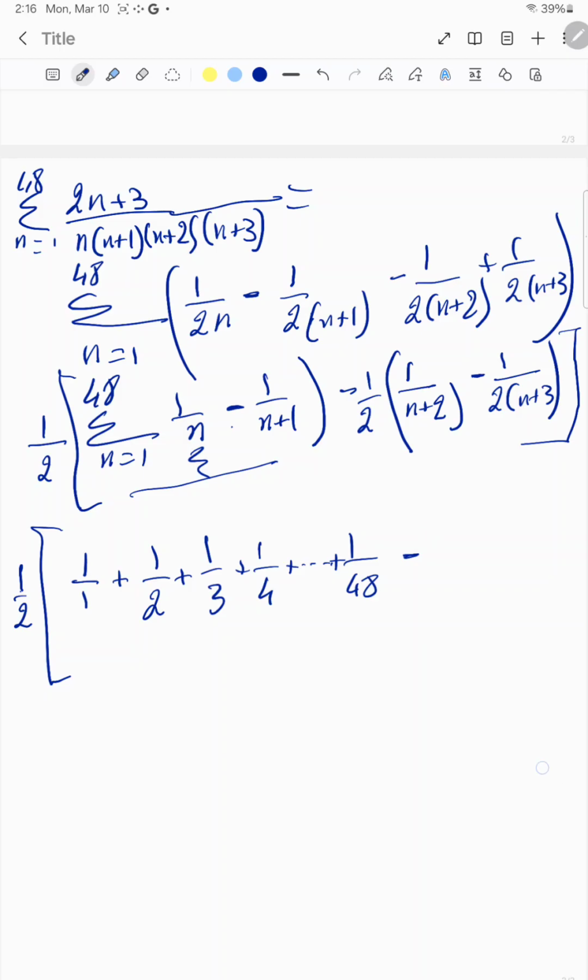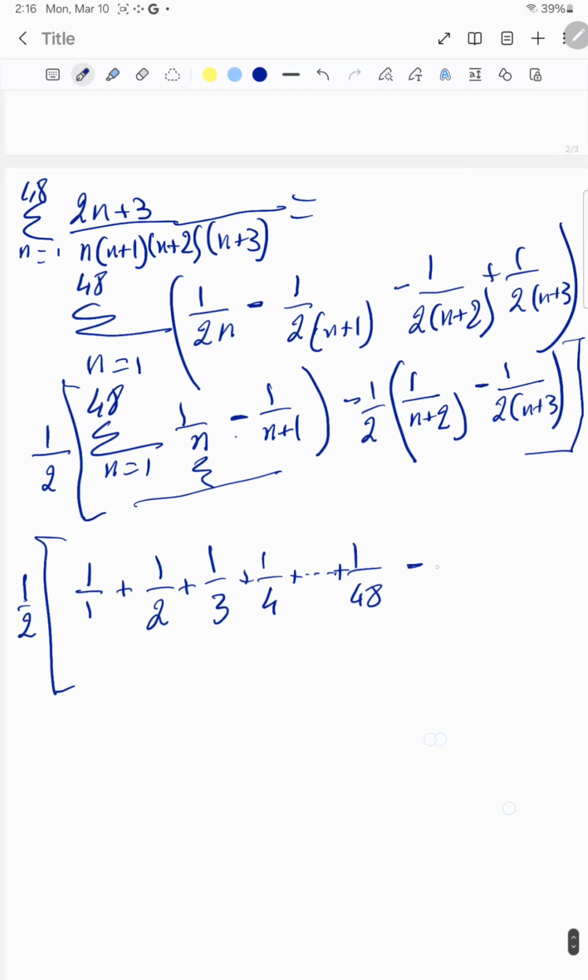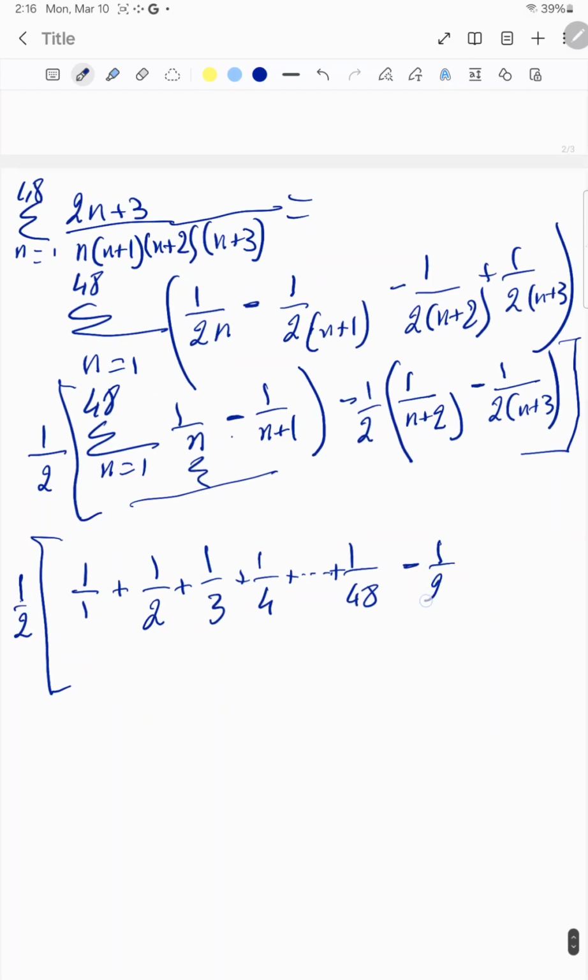So I start with n plus 1, yeah? If n is equal to 1, 1 plus 1 is 2, so minus 1 over 2, minus 1 over 3, minus 1 over 4, up to minus 1 over 48, minus 1 over 49. And I can close my big parenthesis.